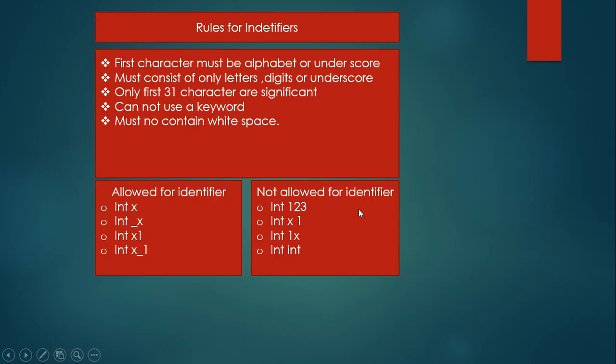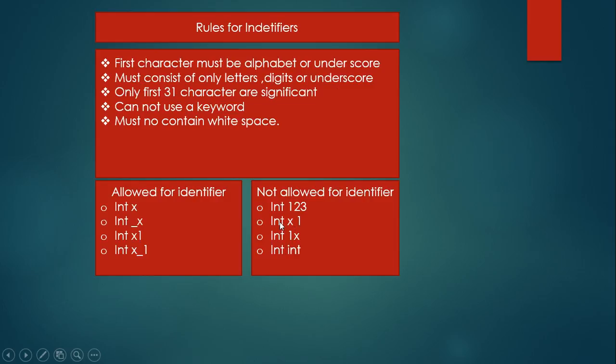Not allowed for an identifier is int 123. 123 are digits, and we cannot give the name of an identifier as digits, because there is a rule that the first character must start with an alphabet or underscore.